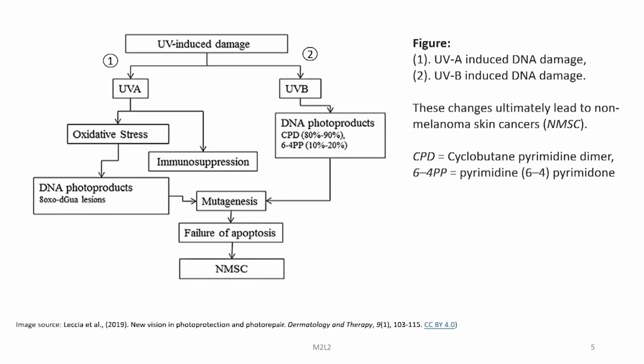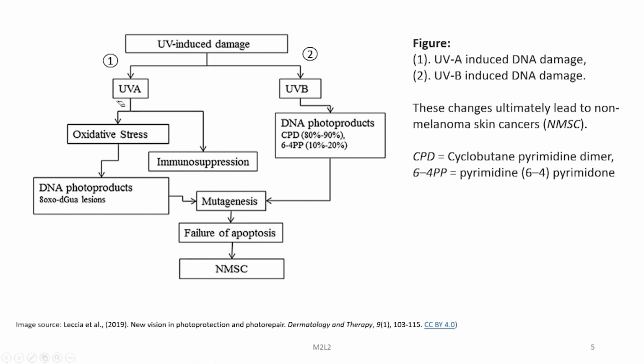Depending on the type of the UV, you have UVA induced DNA damage, as you can see in the left arm marked by the number 1, or you may have UVB induced DNA damage in the right arm represented by the number 2.